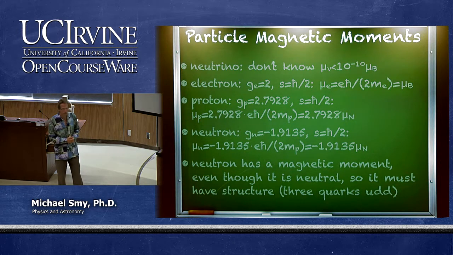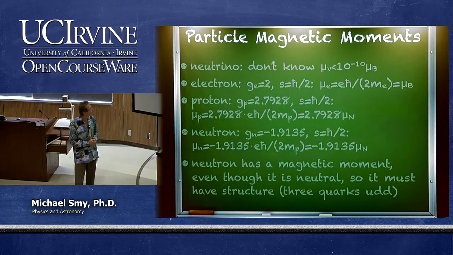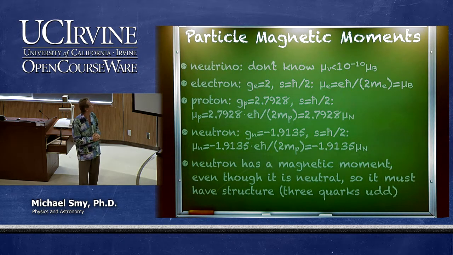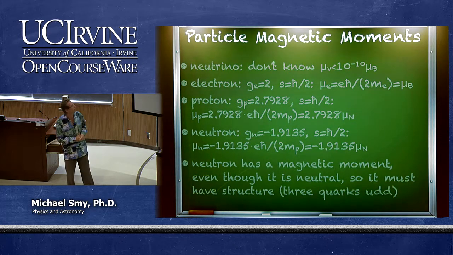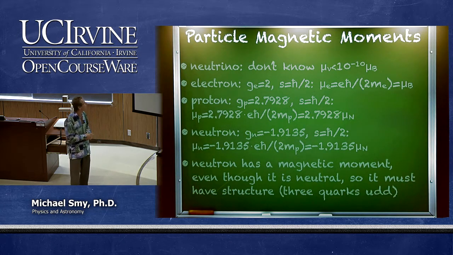And the spin is also h bar over 2. And we then define a similar quantity as the Bohr magneton, but we replace the electron mass with the proton mass, and then it's called the nuclear magneton. And so the proton has a magnetic moment of 2.7928 nuclear magnetons.